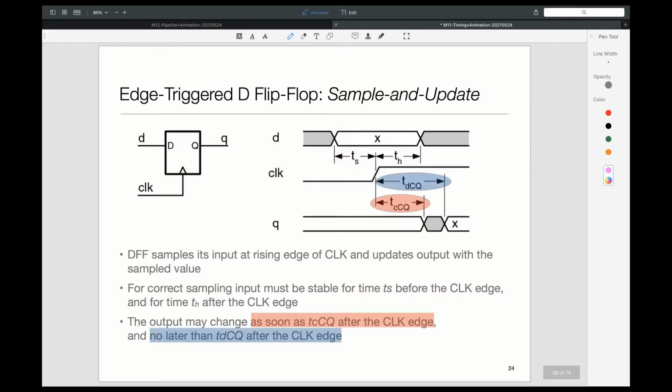This is a little bit like contamination and propagation playing that role: how soon it can begin to change, and in the worst case, how long it takes to remain stable. So to answer Jack's question, is TCCQ contamination? Yes, it's playing that role out here, although contamination, strictly speaking, is for combinational logic, but it's playing a very similar role.